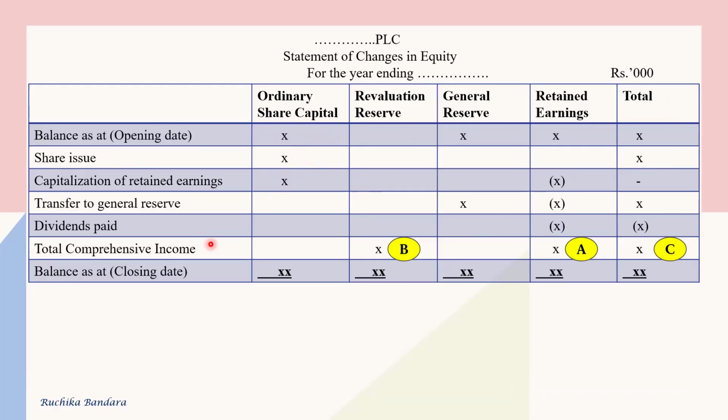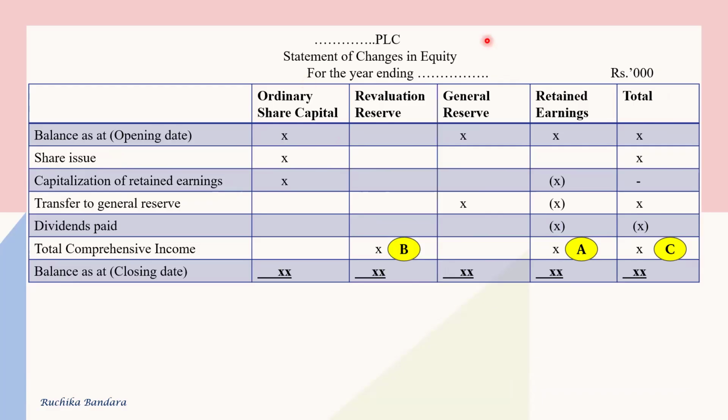Next is the capitalization of retained earning. That is called, in general terms, bonus issue of shares. But you can't write the words bonus issue of shares. You are writing the words capitalization of retained earning. When you capitalize a retained earning, there's a double entry: debit retained earning, credit ordinary share capital.